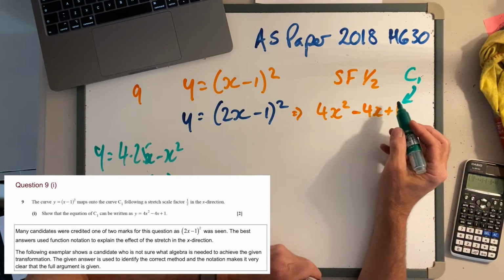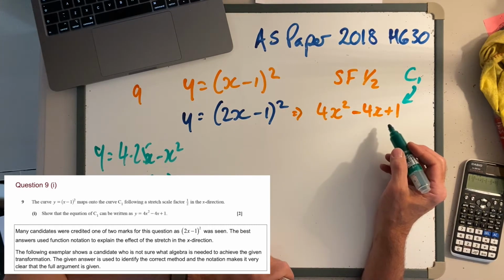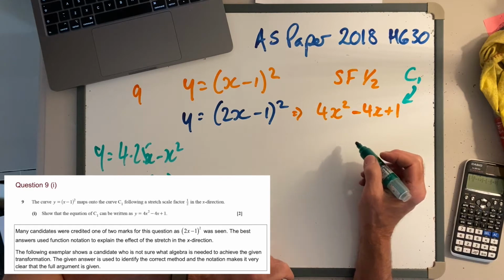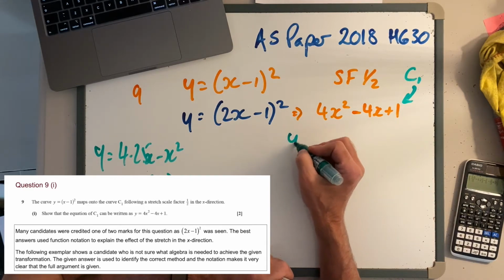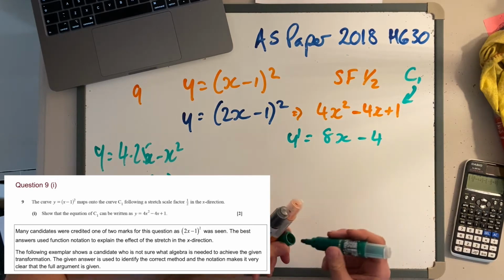And the normal of that. Now normal is to do with gradient, so I want to differentiate this. That gives me the tangent at 1, and then it's a negative reciprocal to find the normal. So let's differentiate this, and I get 8x minus 4.